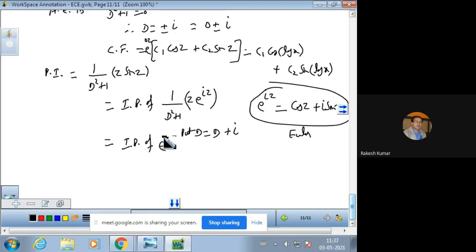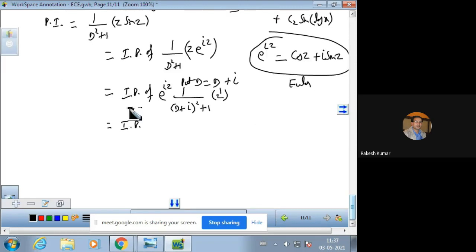That is why e raised to power iota z over D plus iota square plus 1 into z. Z is a polynomial term of degree 1 here because z raised to power 1 is there.